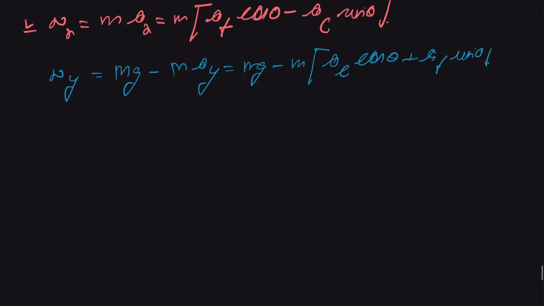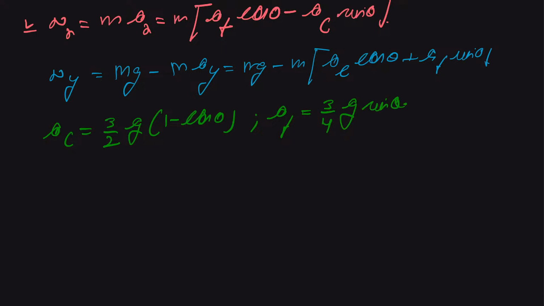And we already know that our AC is equal to 3 by 2 g times (1 minus cos of theta), and we know that our AT is 3 by 4 g sin of theta.